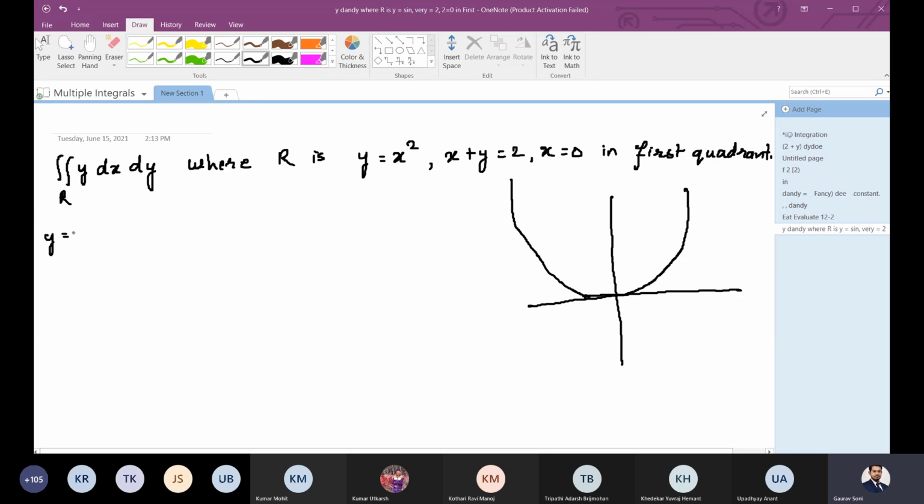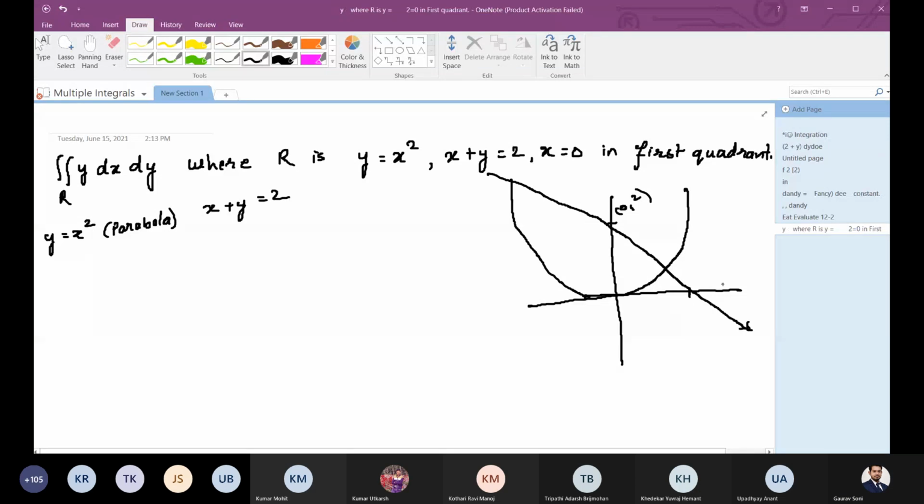So y equal to x square is a parabola. x plus y equal to 2 is a straight line which has 2 comma 0 and 0 comma 2 as the two points.